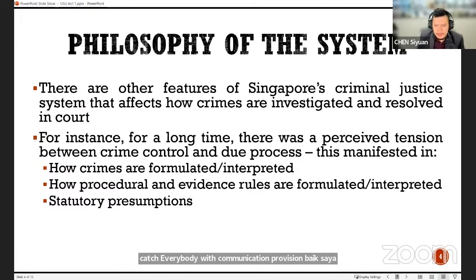Then we have statutory presumptions. What are these? Singapore being tough on crime. If there was one crime that Singapore is the toughest on, it's on drugs, right? And we have the Misuse of Drugs Act, and it has two critical presumptions.